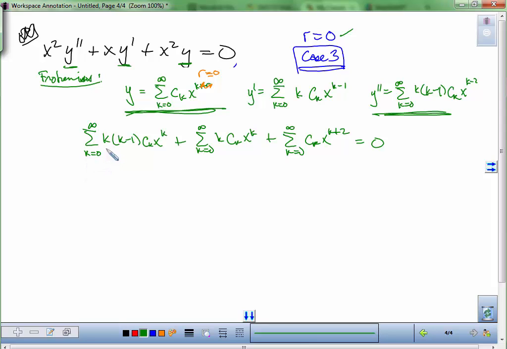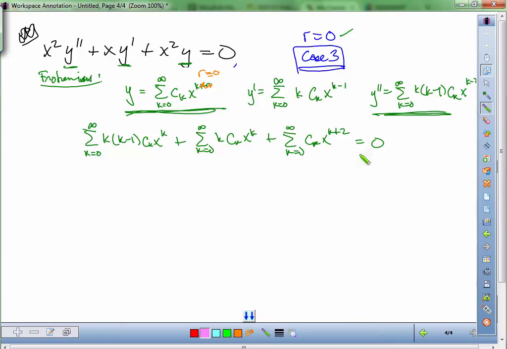This one really starts at 2, because when you put 0 in there, you get nothing. In terms of matching the powers, I have x to the k for 2 of them, and this is k plus 2, so I want to shift this index.